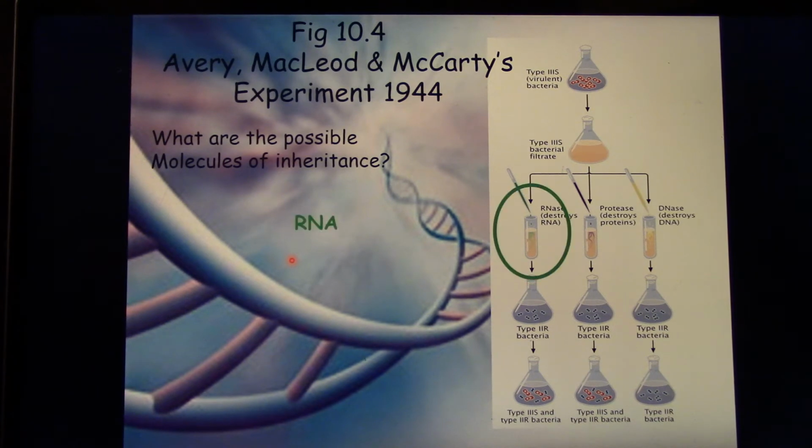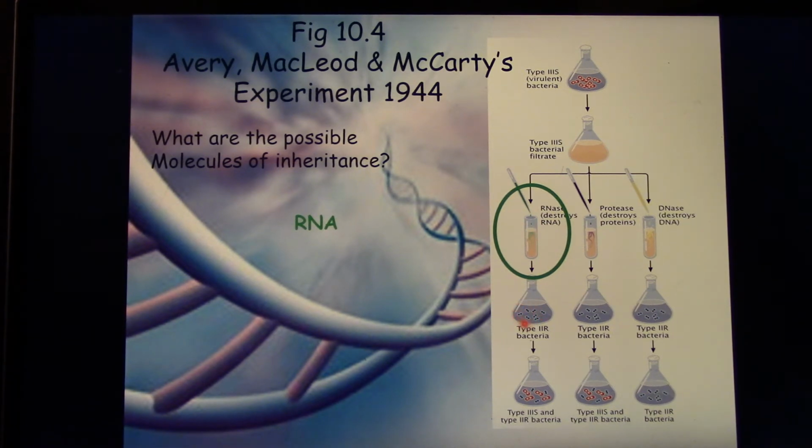So the first thing they did is they destroyed the RNA with an enzyme called RNase. And yes, you should know that for the exam. Everything I'm talking about, you should know for the exam. So RNase destroys RNA.